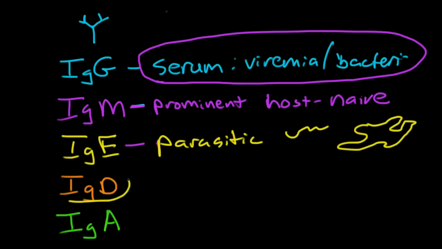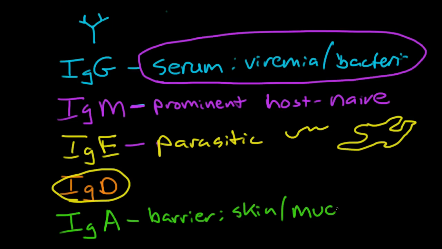IgD is not really well understood at this time, and IgA is very prominent. It's actually a part of the barrier system. It's very active in the skin and on the mucous membranes. Okay, and that's pretty much all I'm going to talk about with the immunoglobulins at this point.